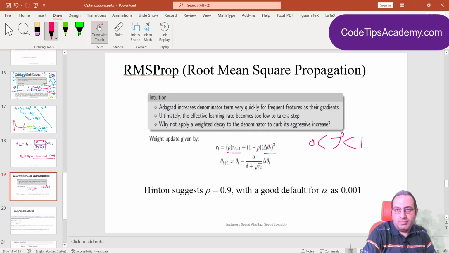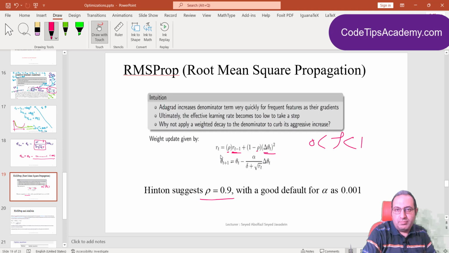Well, we have a constant variable rho, and Hinton suggested it be 0.9, and this will create a balance between these two terms in RT.